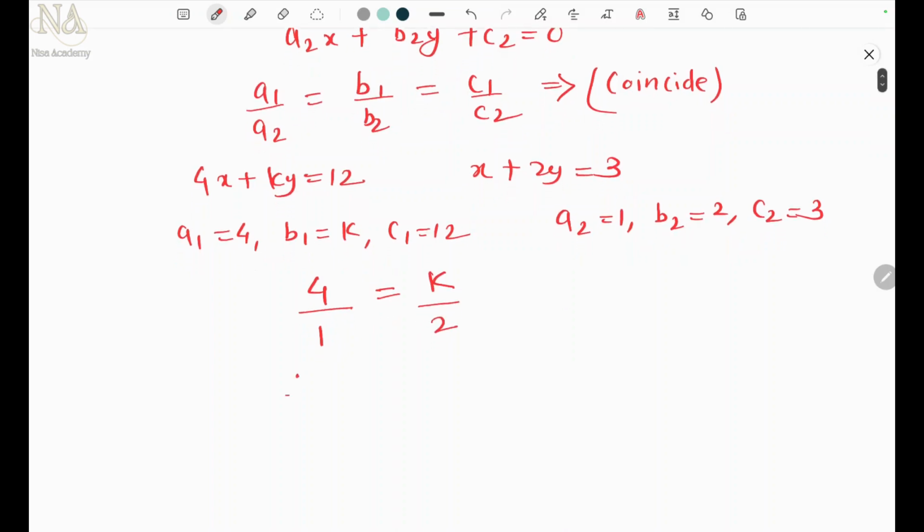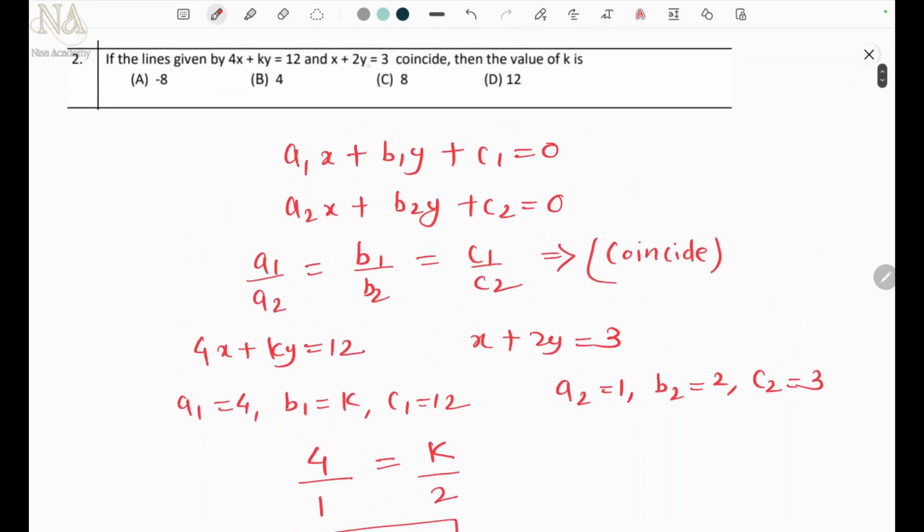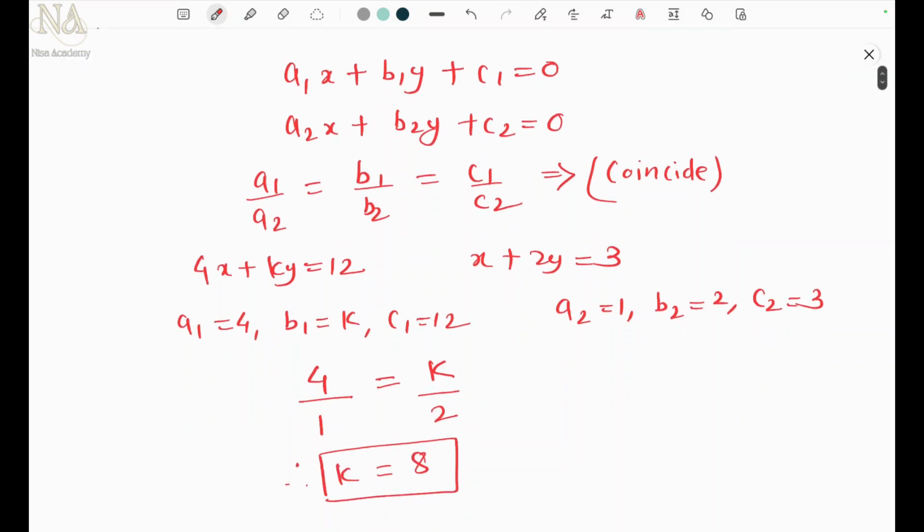So what is the value of k? Therefore k is equal to 4 2s are 8. Let's see which option. Yes, option C. Hope you understood. You have to study the three conditions for intersecting lines, parallel lines and coincident lines. So let's go for the next problem.